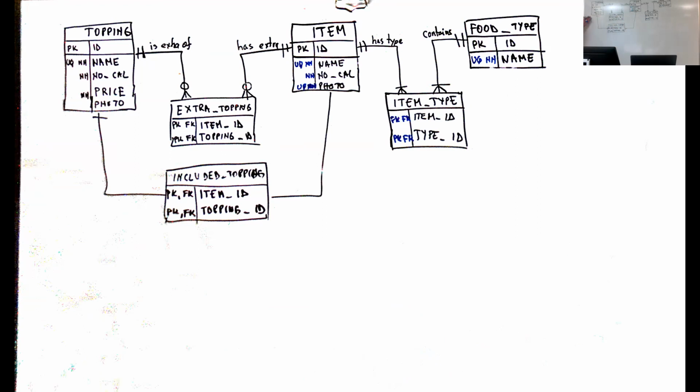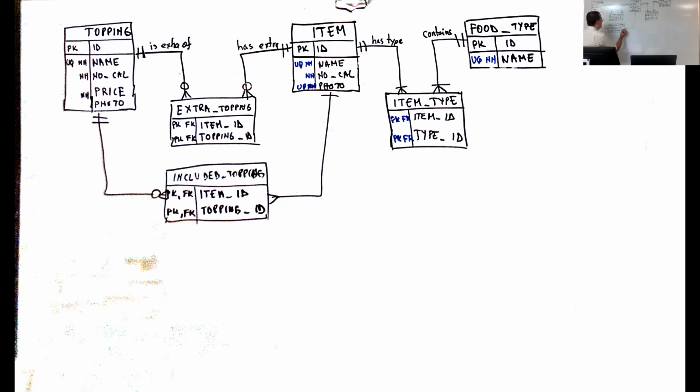Now, are all toppings already included in an item? No. So here it's clear, optional. Here must be mandatory, because if I never include a topping, it might be one of my toppings. So I must have it there.